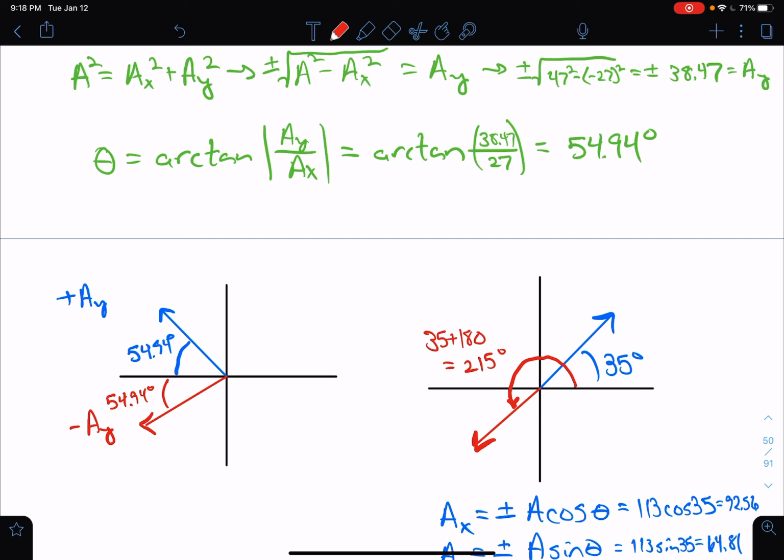And the angles that I have to enter into WebAssign, remember, come counterclockwise from the positive x-axis. So for the negative y component, I'd have to go all the way around like this. So I'm going to have to go 90, 180, and then plus that 54.94.